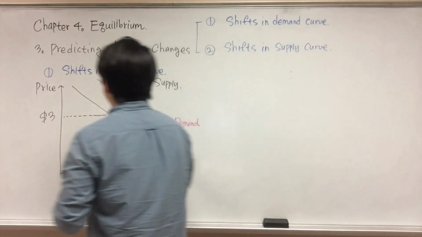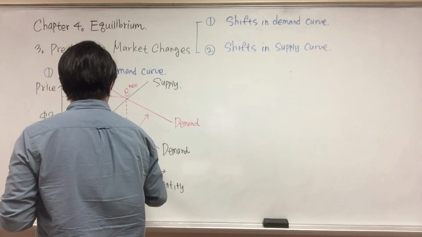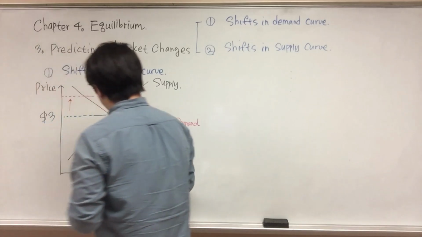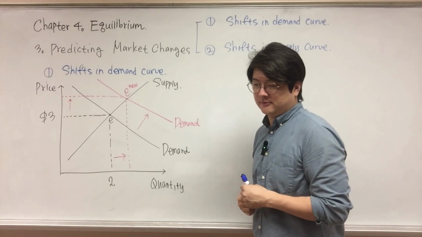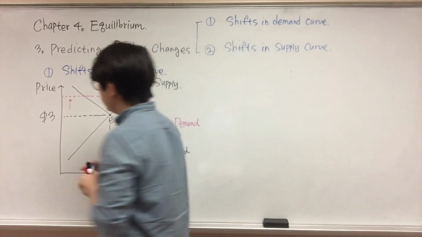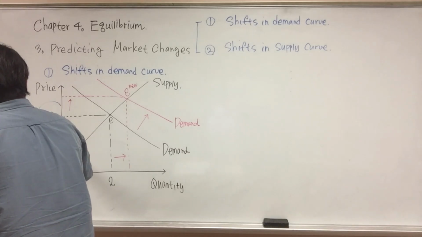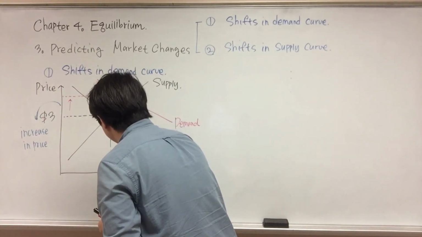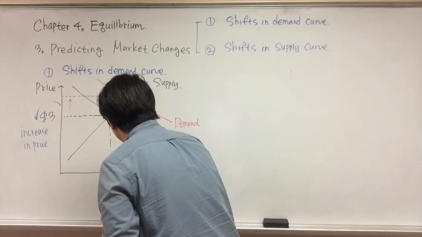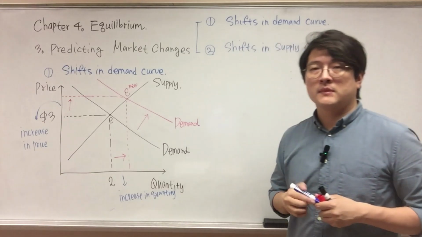So what happens? We have increased price and, at the same time, increased quantity. Okay, make sense?